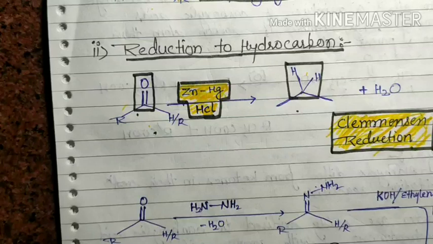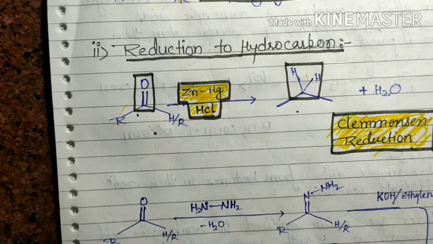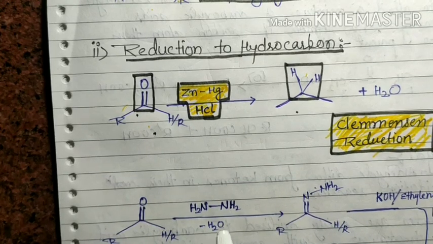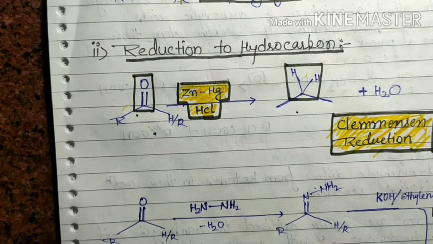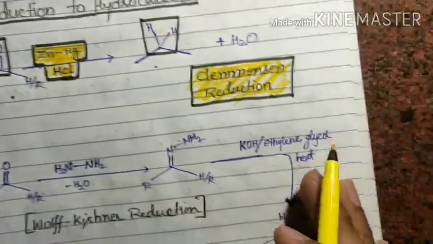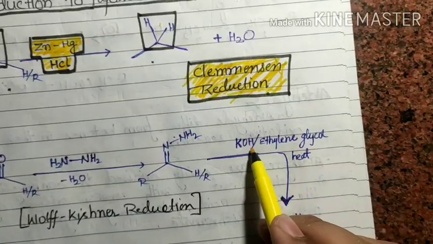Another one is the reaction of aldehyde or ketone with NH2NH2. What is NH2NH2? Remember, you learned in the previous addition reaction of ammonia and ammonia derivatives. NH2NH2 is hydrazine. So aldehyde or ketone reacts with hydrazine to give the hydrazone, and the hydrazone reacts with KOH and ethylene glycol.